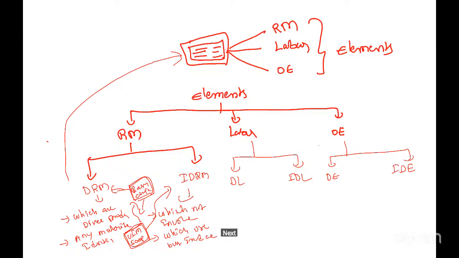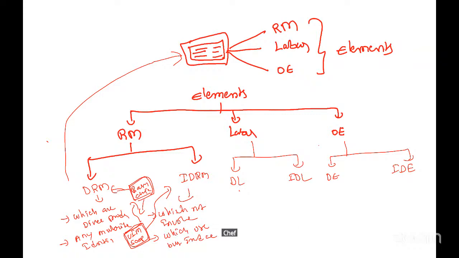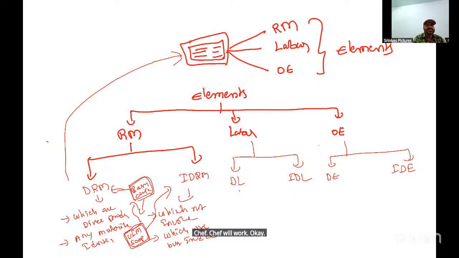Next one is direct labor. Direct labor means what? To make the biryani, who will work? The chef. The chef is the main labor of our product, the main person.